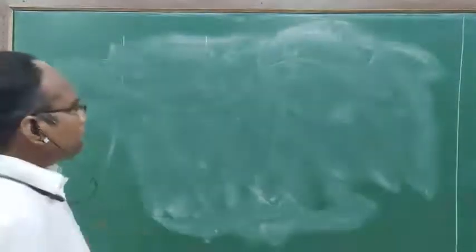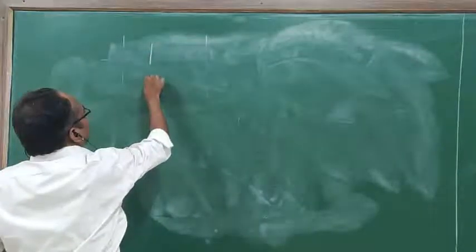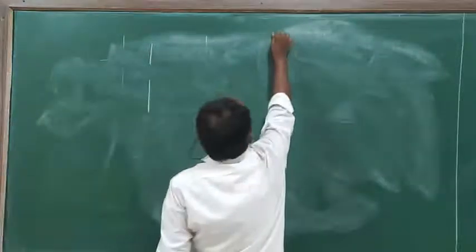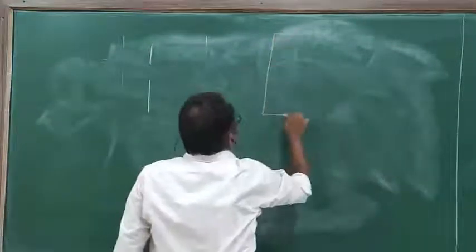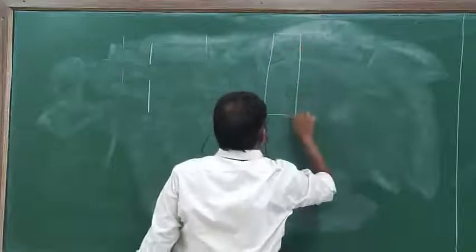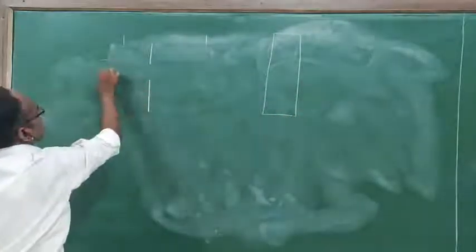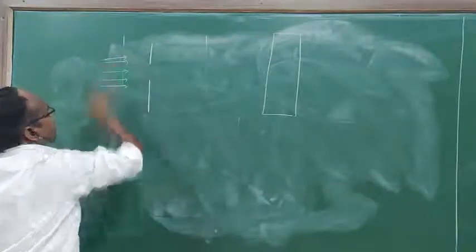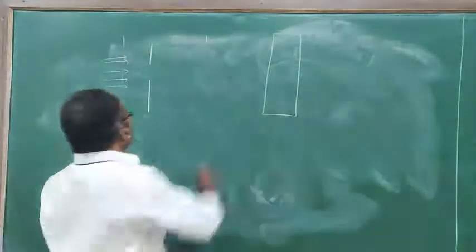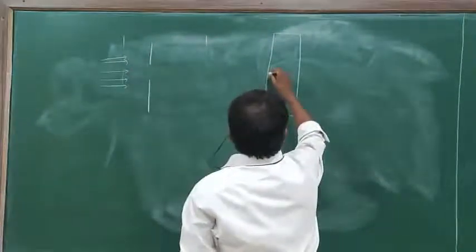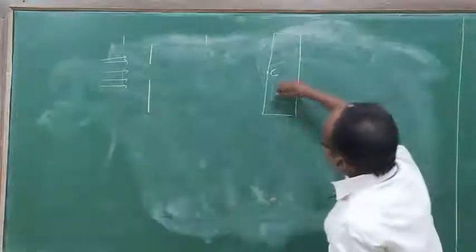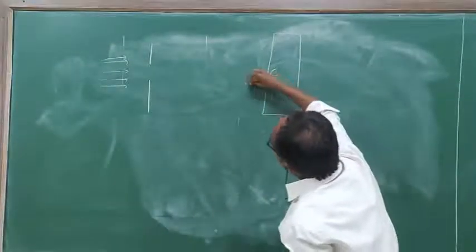Now, how to show the figure? This is a slit. This is a screen. The source of light is passing. This is a graph. So this is the bright central maxima you have seen. How can we draw it? The graph is like this.